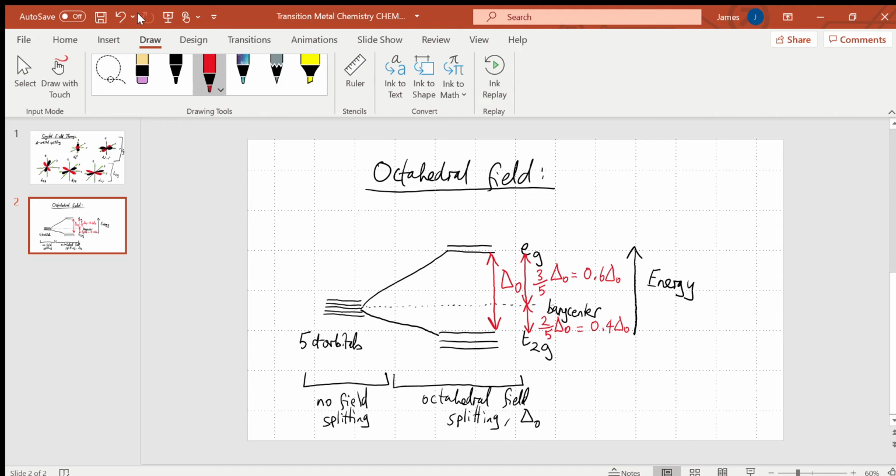We know that delta O, so let's go back to black here. So this octahedral field splitting here, this delta O, we know it's a quantum energy value. So let's call this an energy value E. We know therefore this is equal to hc over lambda.